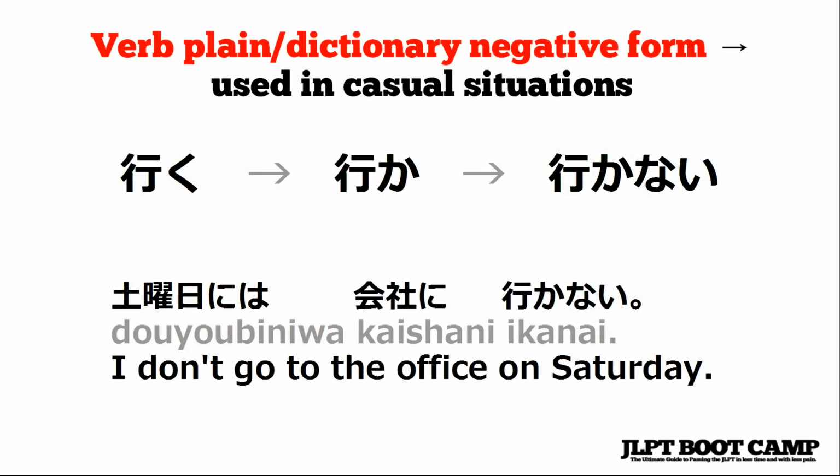And this is used in casual situations as well. This is a little bit, actually a lot more complicated than the positive, the regular dictionary form. When you're switching it to negative, there's actually 3 types of verbs that you need to know about. The most common one is sometimes called type 1, or a godan verb, which is a term that is only used by Japanese learners.